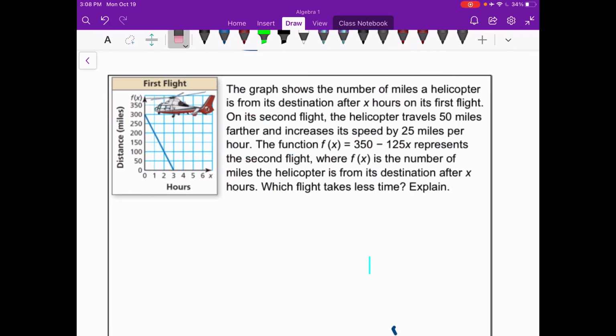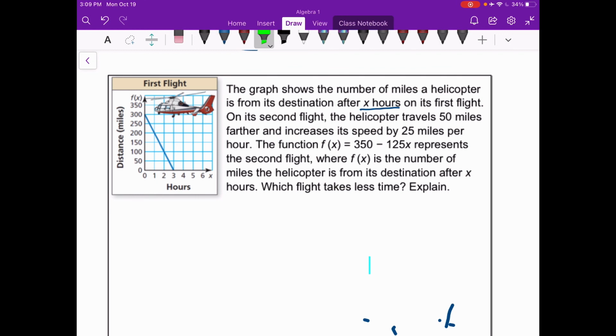All right, here's an application problem for this unit on functions. The graph shows the number of miles a helicopter is from its destination after a certain number of x hours. On the second flight, the helicopter travels 50 miles further and increases the speed by 25 miles per hour.